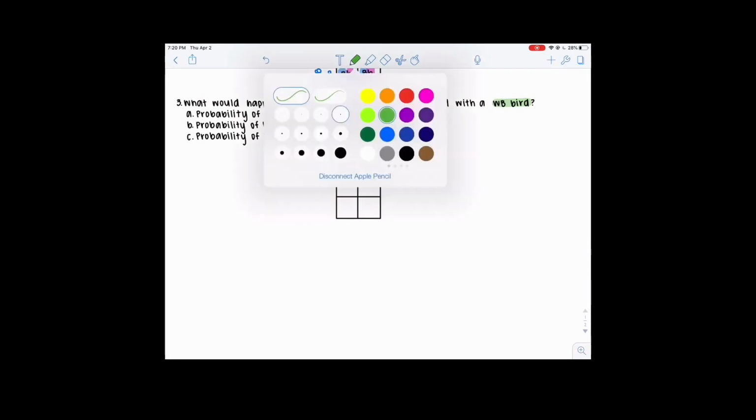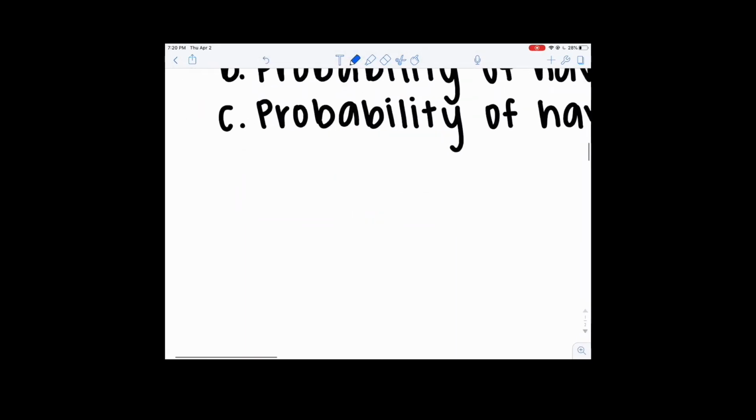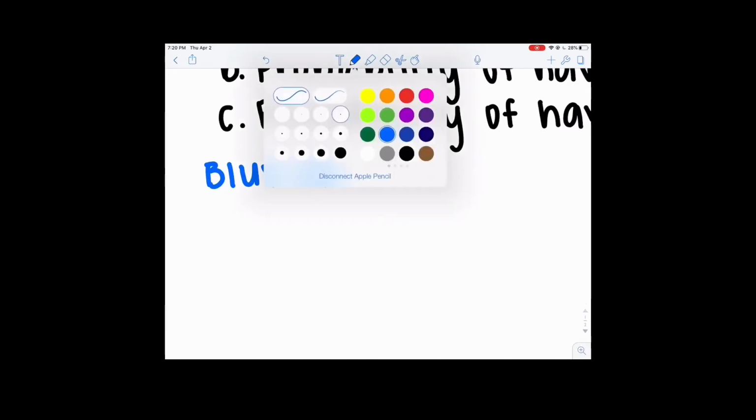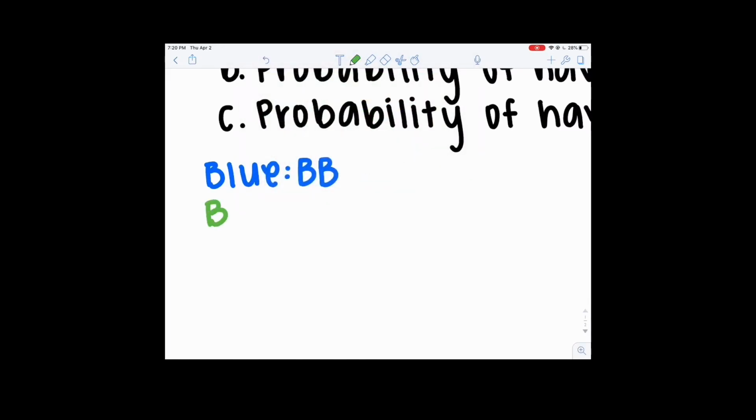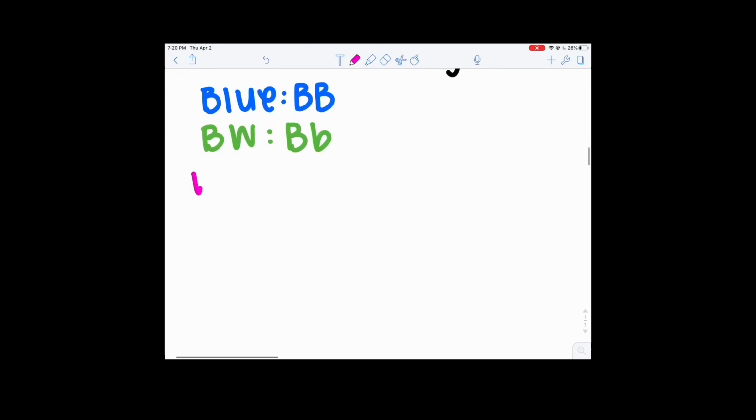So off to the side, I'm just going to make a little key so that we remember what our genotypes are. So for a blue bird, we have capital B. For a BW bird, we have capital B, lowercase b, and for a white bird, we have lowercase b.